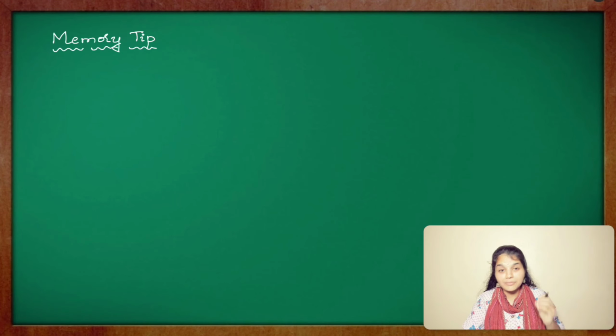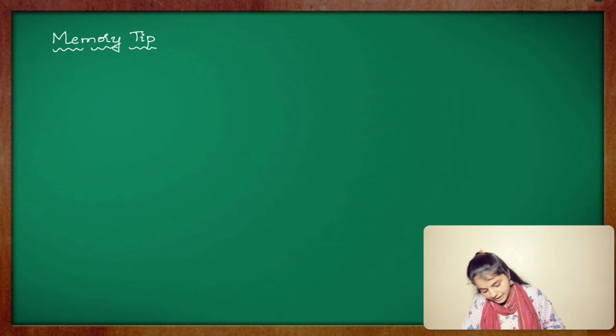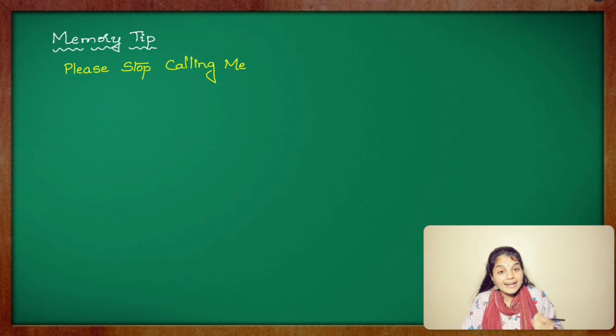Here we go. The memory tip is: Please stop calling me a careless zebra. Instead, try learning how copper saves gold. So I'll write that. Please stop calling me a careless zebra.